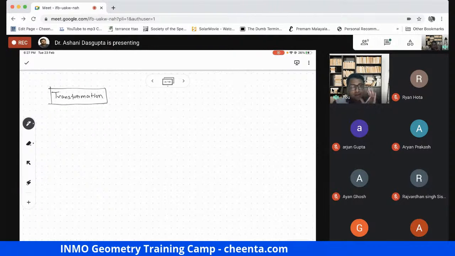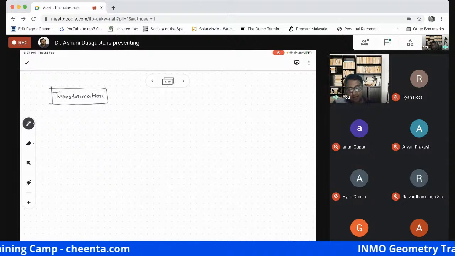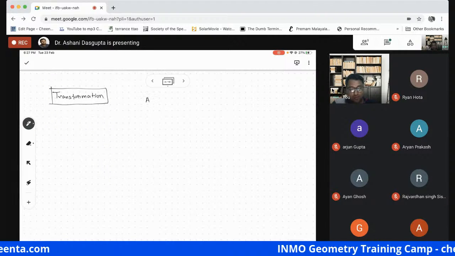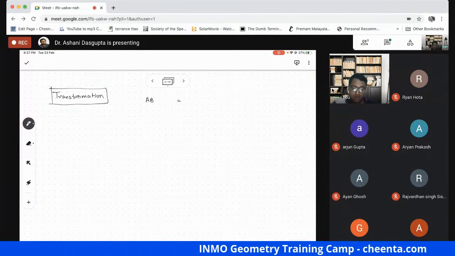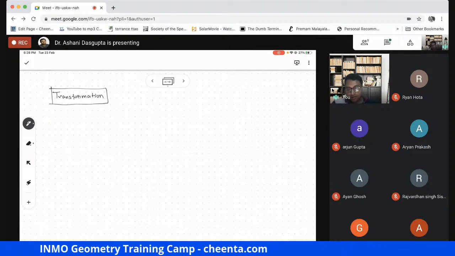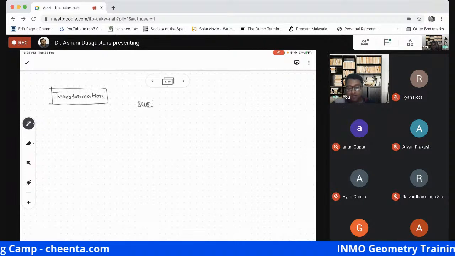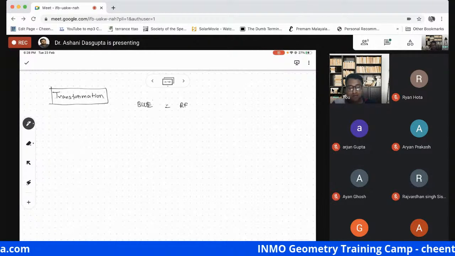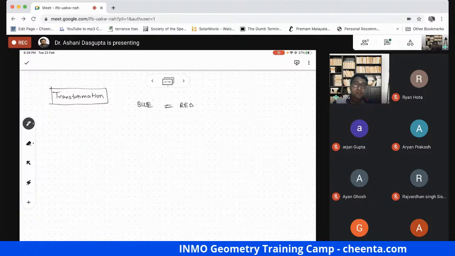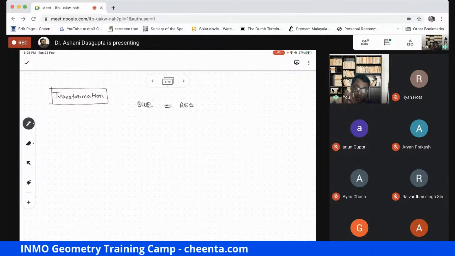So the main idea is that if you want to prove that two things are equal, let's say there is an object called maybe blue. You want that object to be equal to red, equal in some respect. Maybe they are equal in area, maybe they exactly fit into one another.